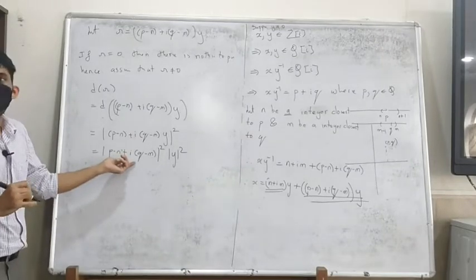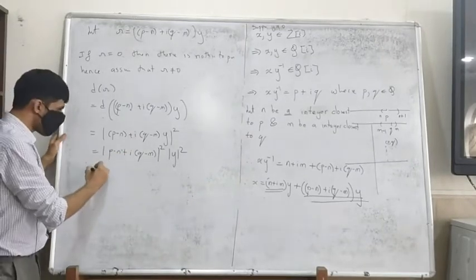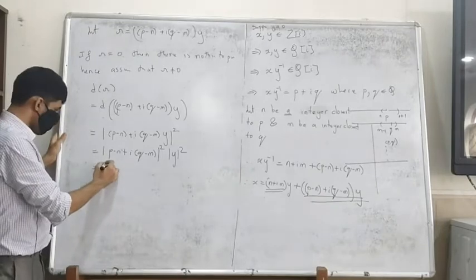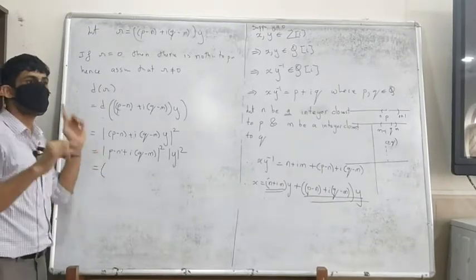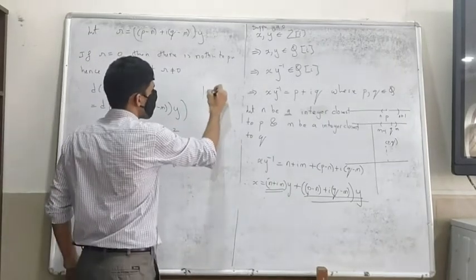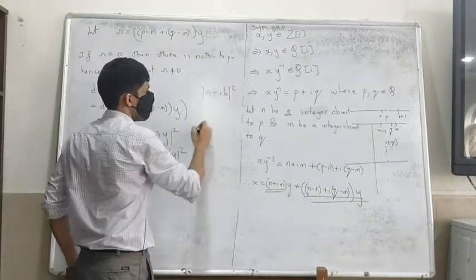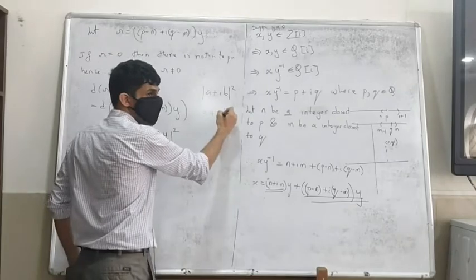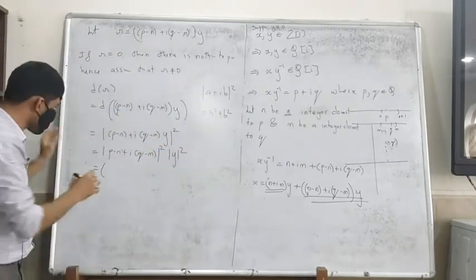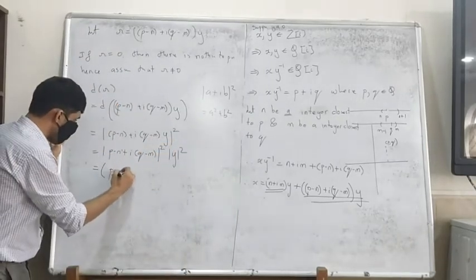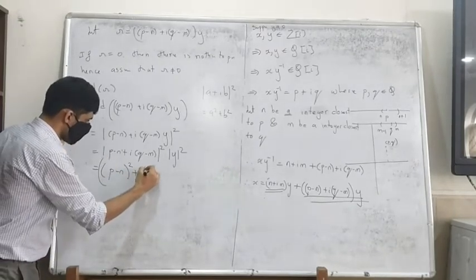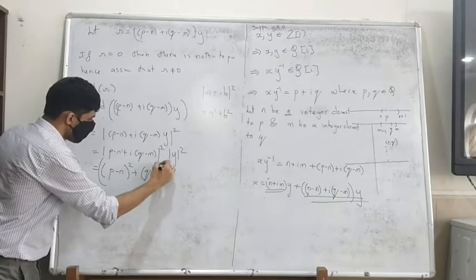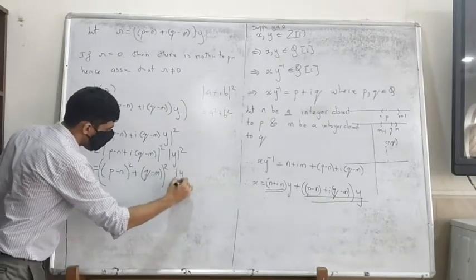Okay, but what is the mod square of this? By definition, what is mod of a plus ib square? a square plus b square. So this is nothing but (p − n) whole square plus (q − m) whole square times mod y square.